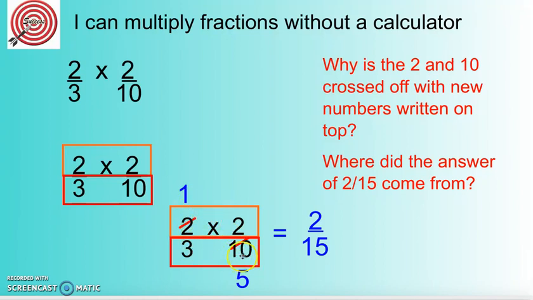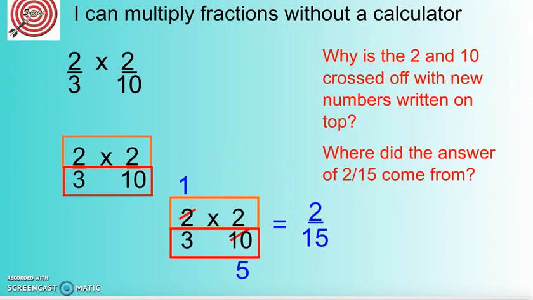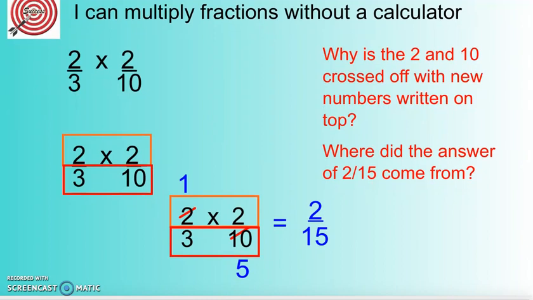Why am I crossing a 2 and a 10 out and putting 1 and a 5? Okay, so the orange box is basically to show that both of these are numerators. The red box is to show that these two are denominators.